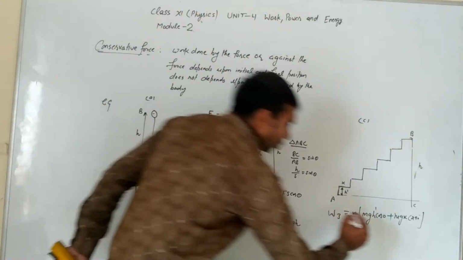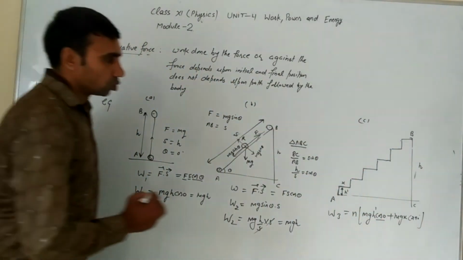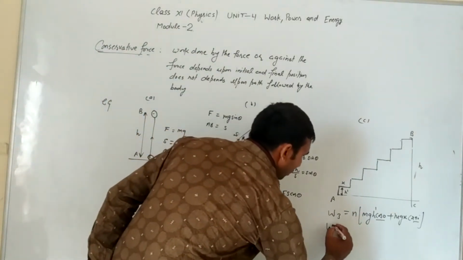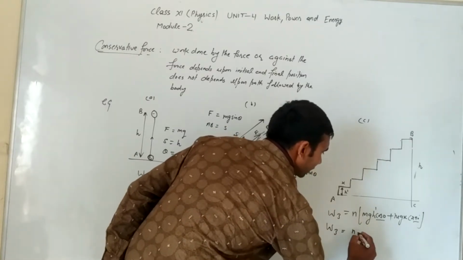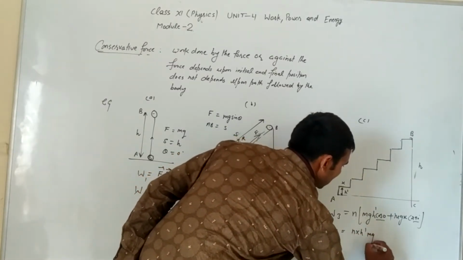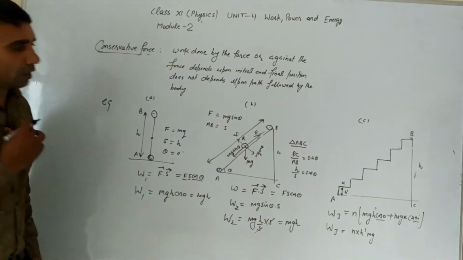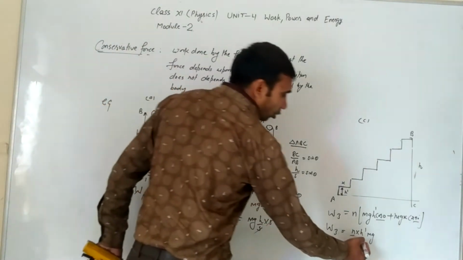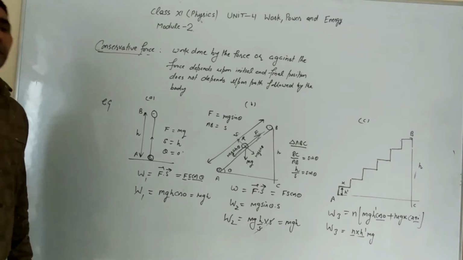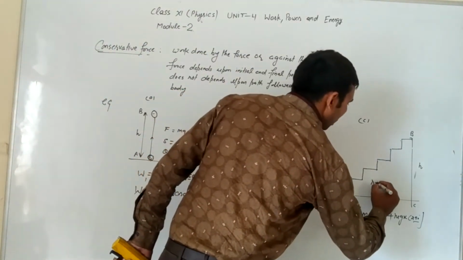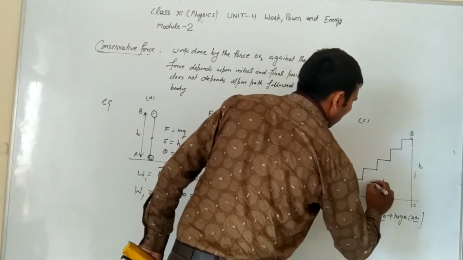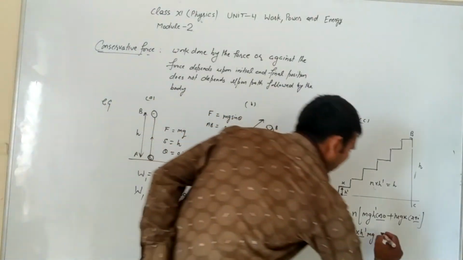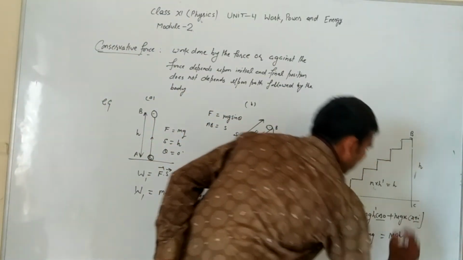Here cos 0 is 1 and cos 90 is 0. So the work done W3 is equal to n times h dash times mg, where n is the total number of stairs and h dash is the height of each stair. So n times h dash is equal to h. Therefore, the work done is equal to mgh.